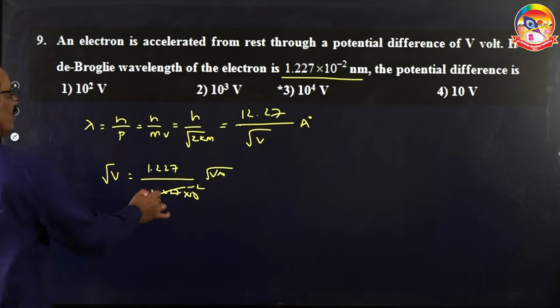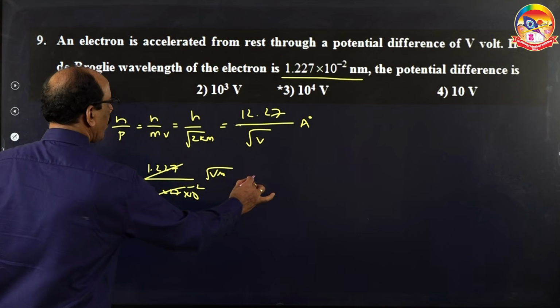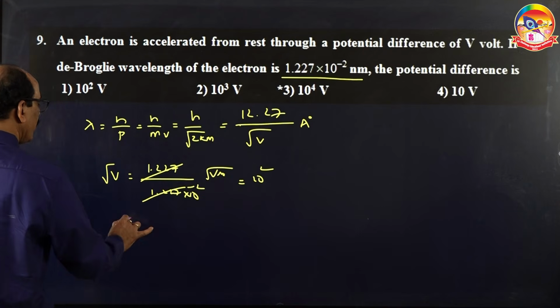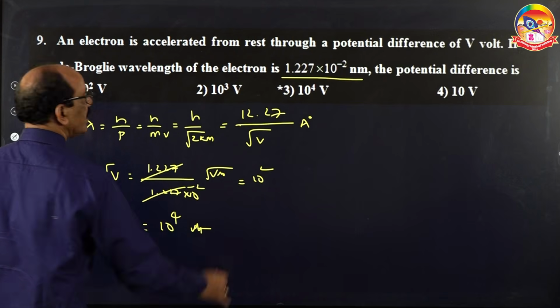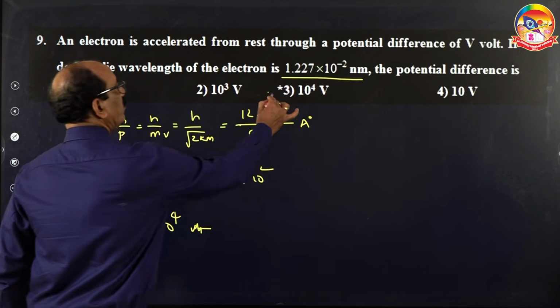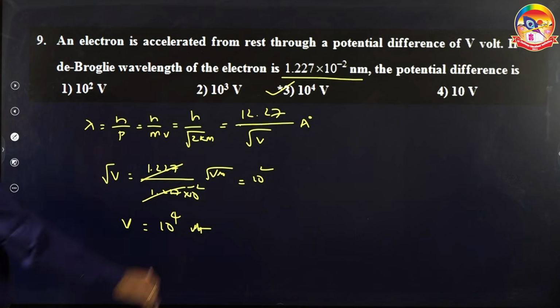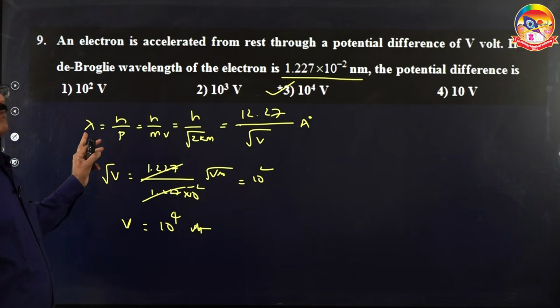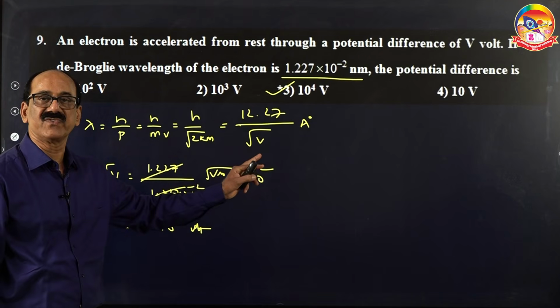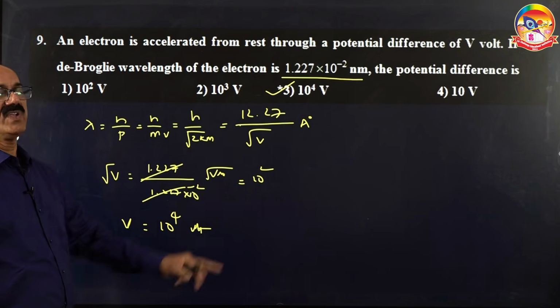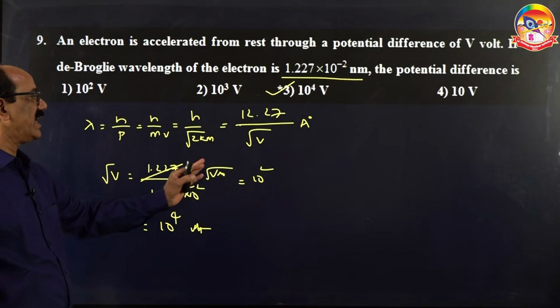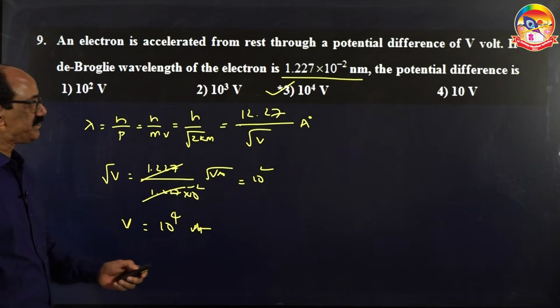So you get it to be 10 power 2, but we want the potential difference, which happens to be 10 power 4 volt. So we can make use of this shortcut relation which we have learned: when an electron is accelerated through a potential difference V volt, the de Broglie wavelength of it is given by 12.27 by root V angstroms, or 1.227 by root V in nanometer.